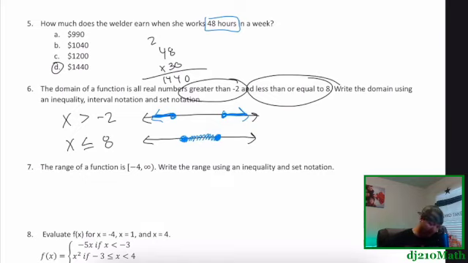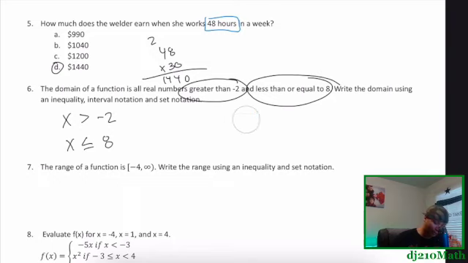Here, if you were unsure on which way, then that's fine. Then all you got to do is just graph it, right? If you graph it, I feel like it becomes clear. So you take your number line, and then you tick out the 2. Okay, so I have -2 to the left, 8 to the right. Right? It doesn't make sense to put 8 on the left because 8 is bigger than -2. Big numbers go to the right.